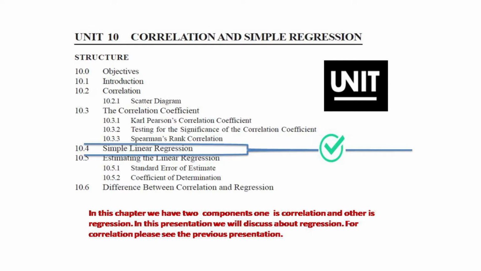In this chapter we have two components: correlation and regression. In this presentation, we will discuss exclusively regression analysis, and see how it is going to be useful when you talk about the relationship between two variables.